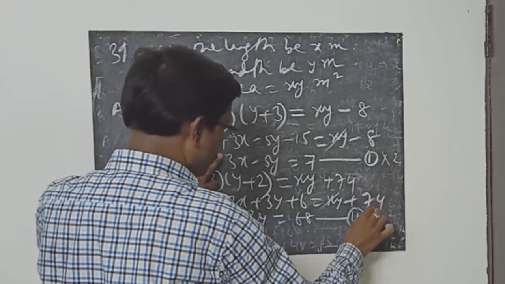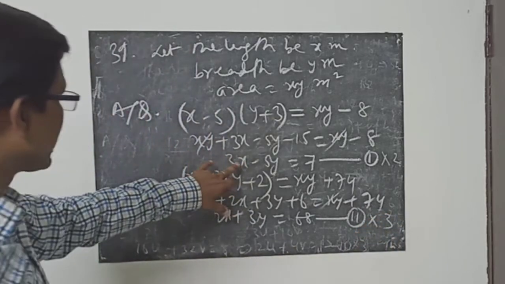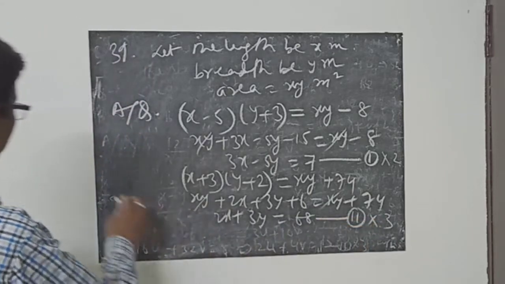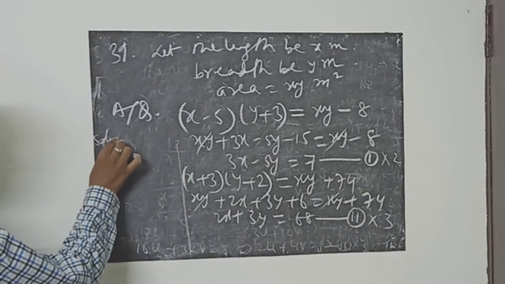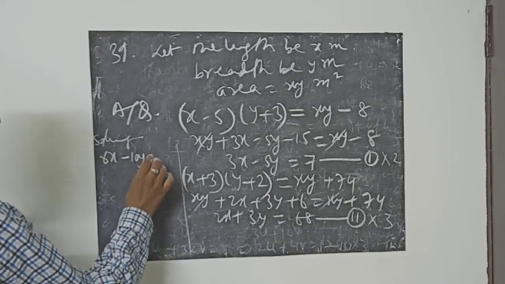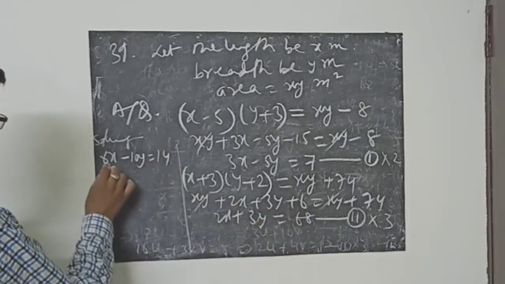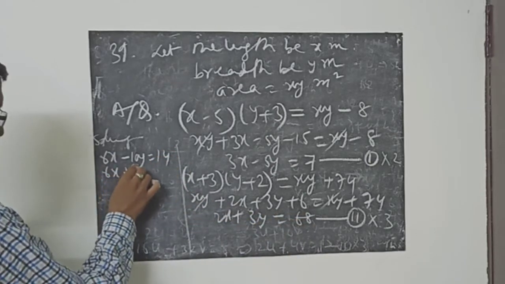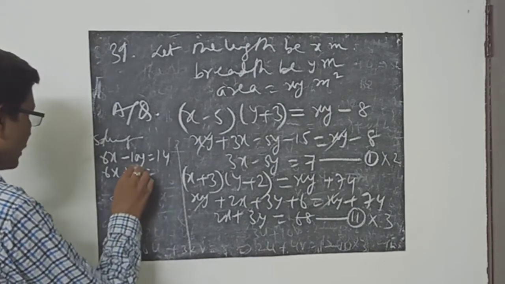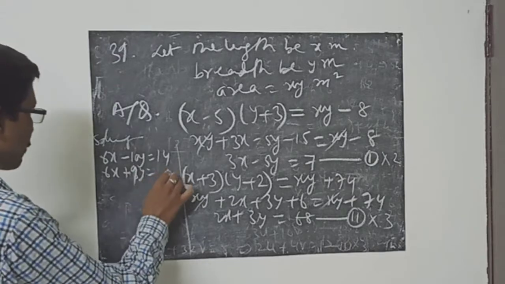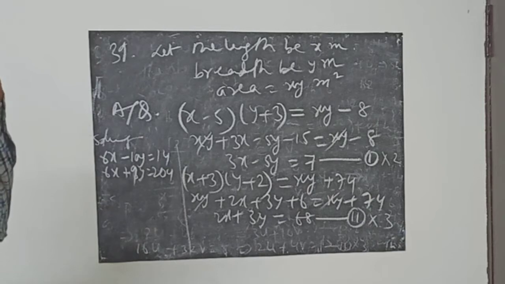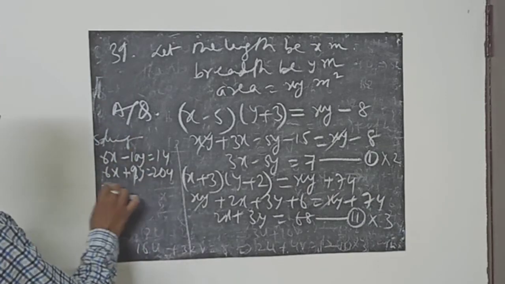The first will be multiplied by 2, the second will be multiplied by 3. So you will get 6x minus 10y equal to 14, and 6x plus 9y equal to 204.